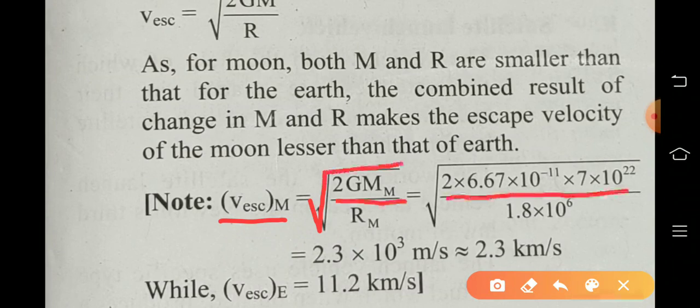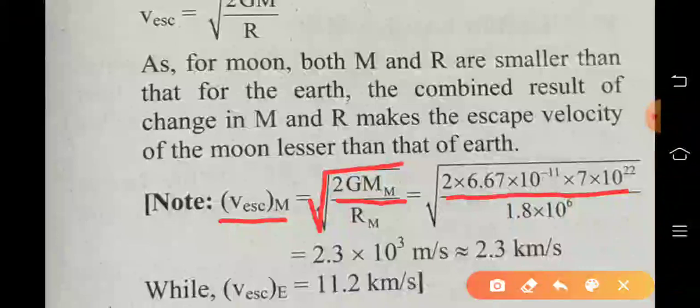So 2 multiplied by the value of capital G, the universal gravitational constant, that is 6.67 into 10 raised to minus 11, multiplied by mass of the moon, that is 7 into 10 raised to 12, and radius of the moon at denominator, 1.8 into 10 raised to 6.